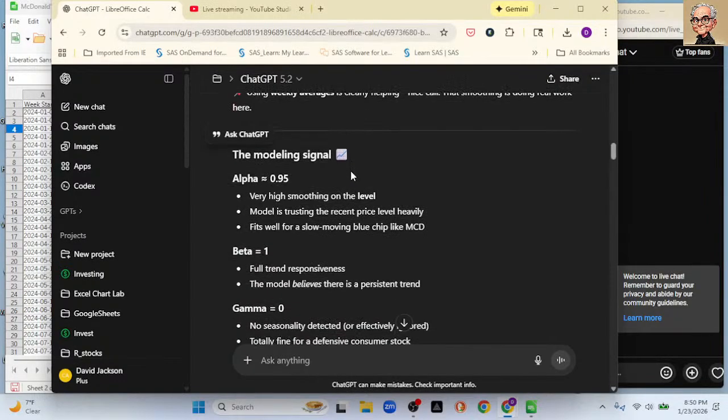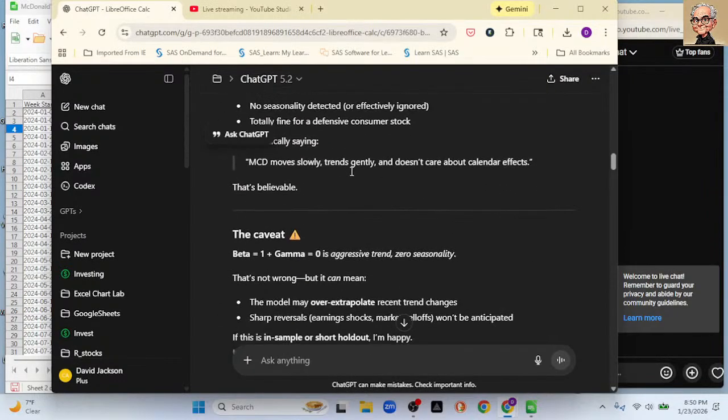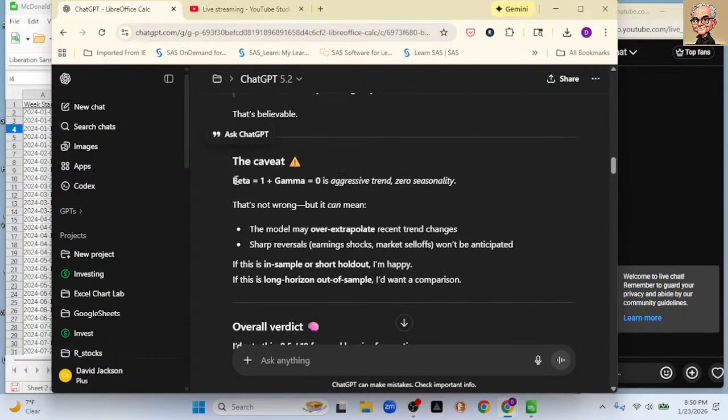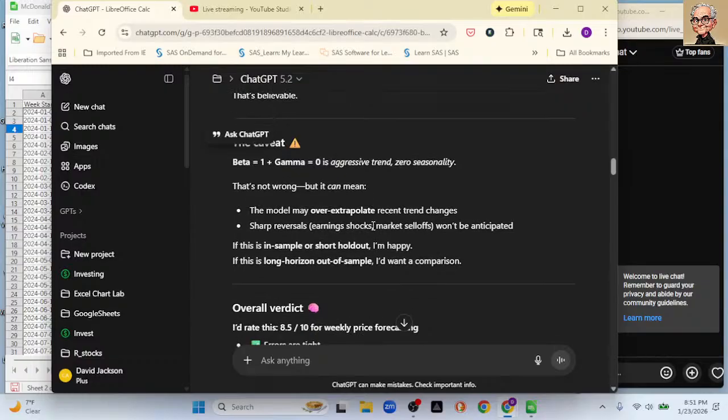What's the caveat? Beta 1 plus beta 0 is aggressive trend, 0 seasonality. That's not wrong, but it can mean that the model may over-extrapolate recent trend changes. Sharp reversals, earnings, stocks, market sell-off can't be anticipated.